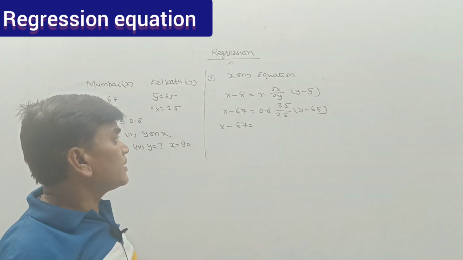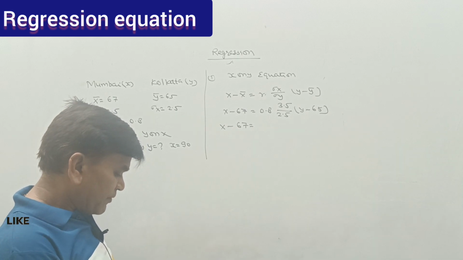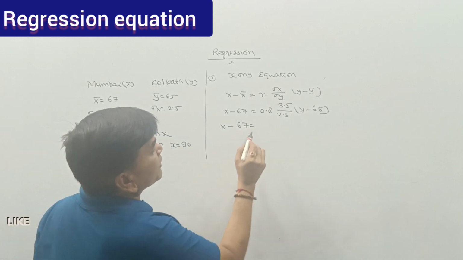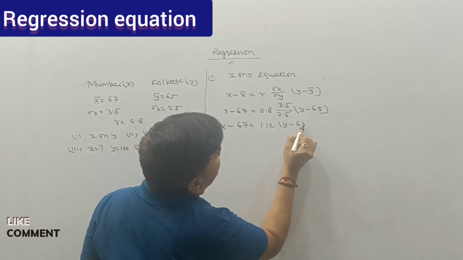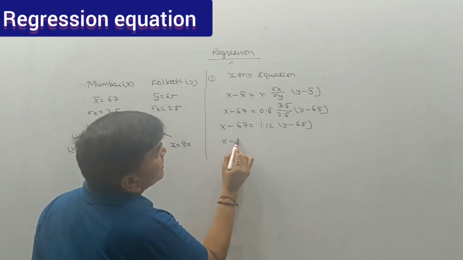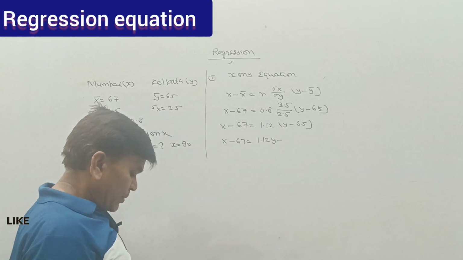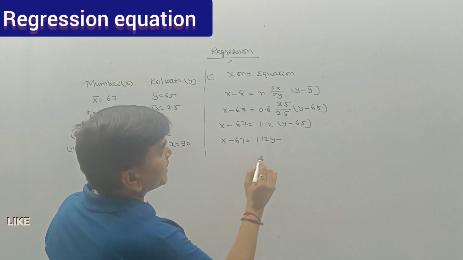Using the calculator, 0.8 multiplied by 3.5 divided by 2.5 is 1.12. So X minus 67 equals 1.12 times (Y minus 65). 1.12 times 65 is 72.8.